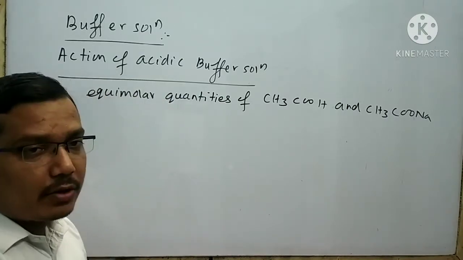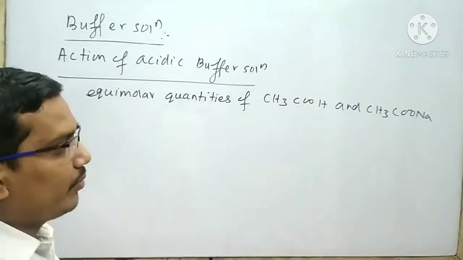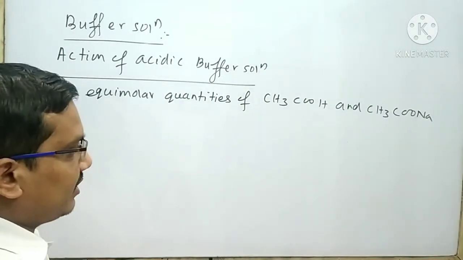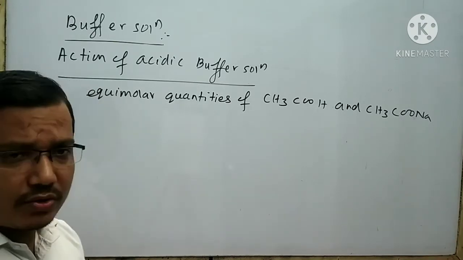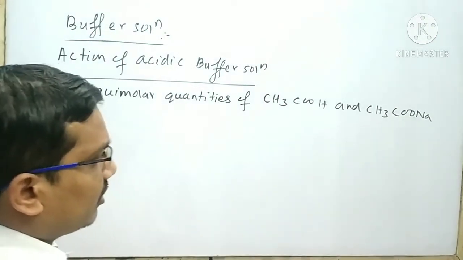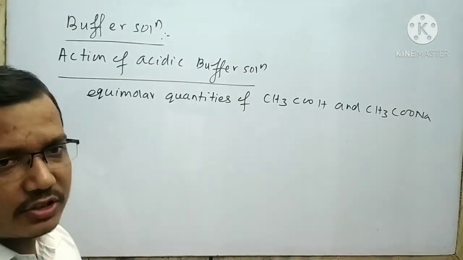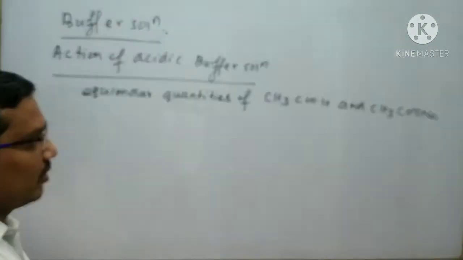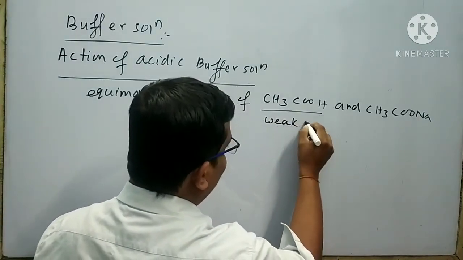But if you think about the weak acid, weak base or salt of weak acid and weak base, then in this type of case, this species does not undergo complete dissociation. Some unionized part remains in the solution. Suppose I think about acetic acid, it is a weak acid.